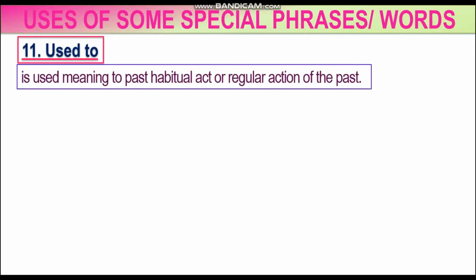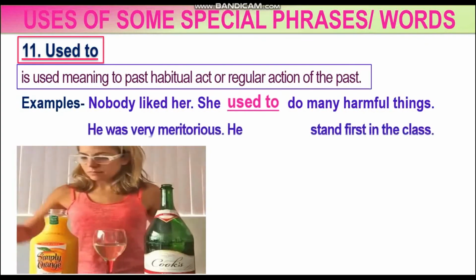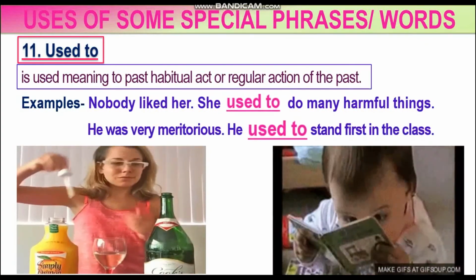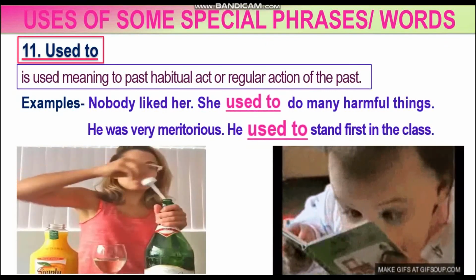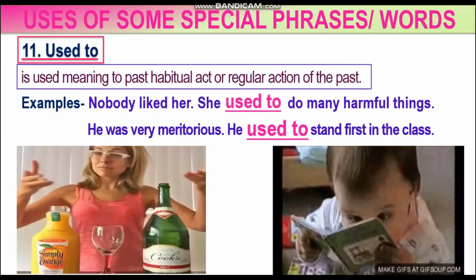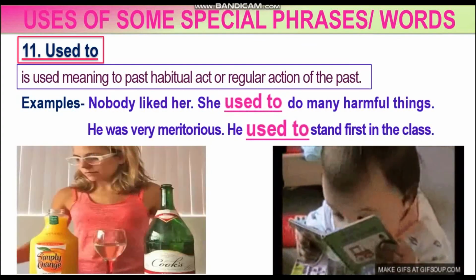For example, nobody liked her. She used to do many harmful things. He was very meritorious. He used to stand first in the class.